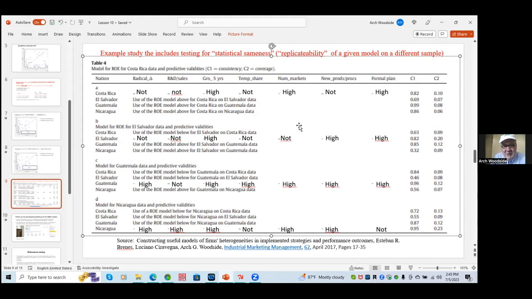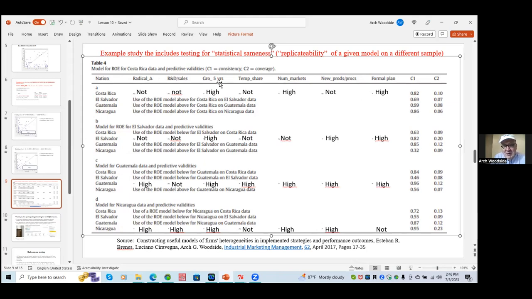And what I want to point out to you is that this study actually included a core model for Costa Rica, and then the next one is a core model for El Salvador, and the next one is a core model for Guatemala, and the next one is a core model for Nicaragua. And this table looks at the Costa Rica model, which is negative radical change and so forth, not high, not high, not high.